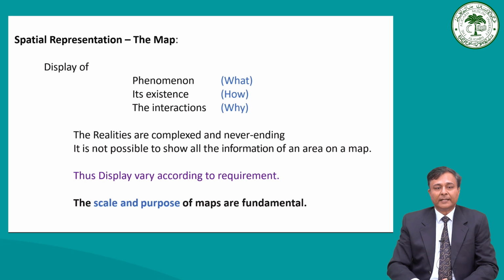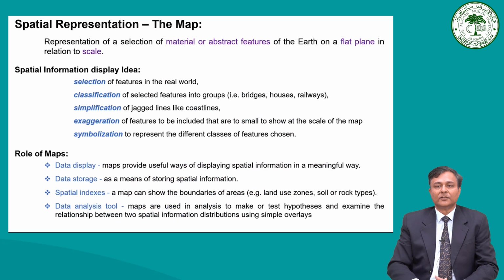Here I would say that the scale and purpose of the maps are fundamental to the preparation of any spatial information representation in the form of a map. So a map can be defined as a representation of a selection of material or abstract features of the earth, but they are represented on a flat plane in relation to the scale.